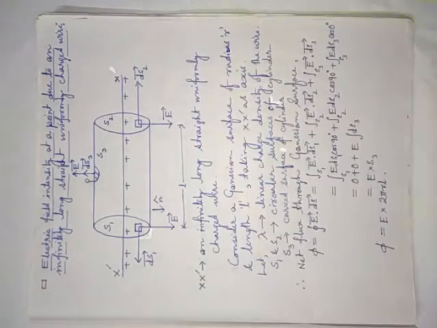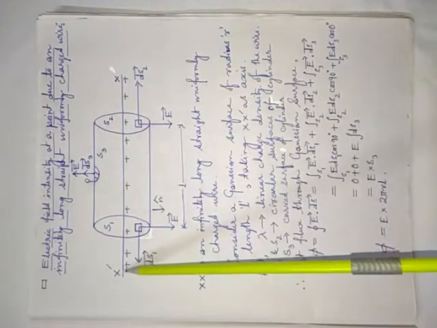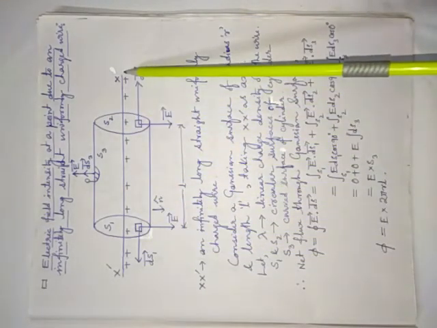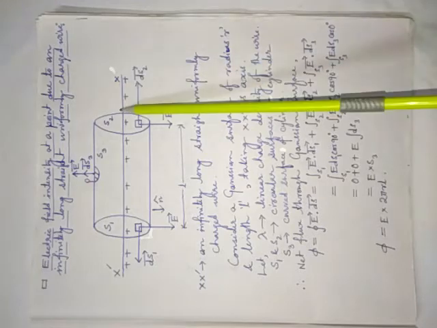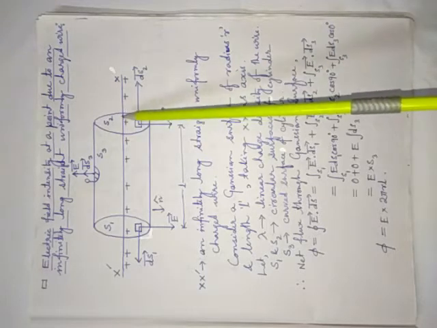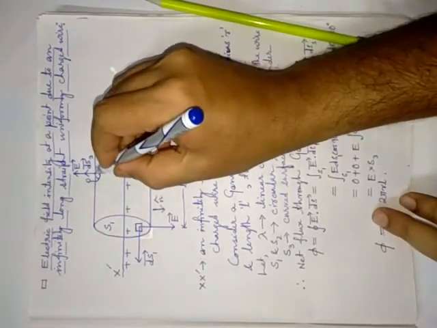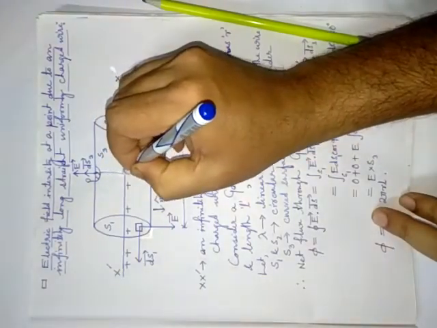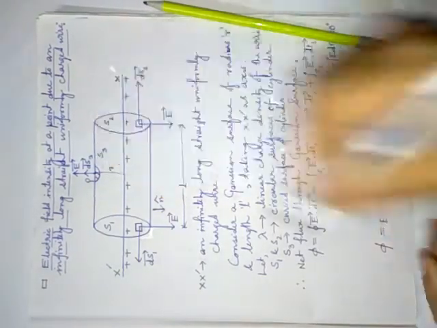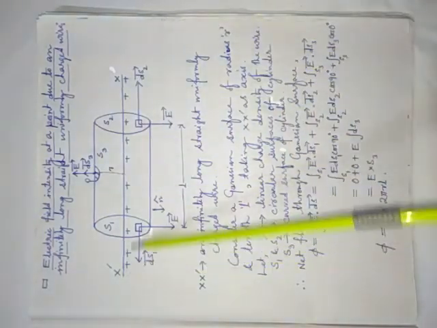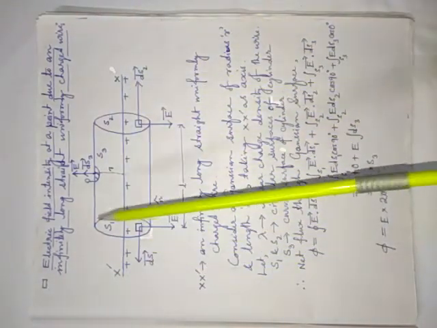Now see here, since this is an axis, we can consider a cylindrical Gaussian surface. Why? About the symmetry, this point P is at a distance r. About the axis, you can draw a cylinder.